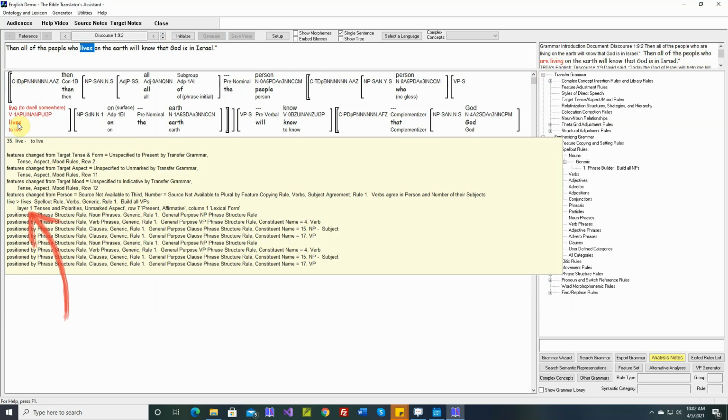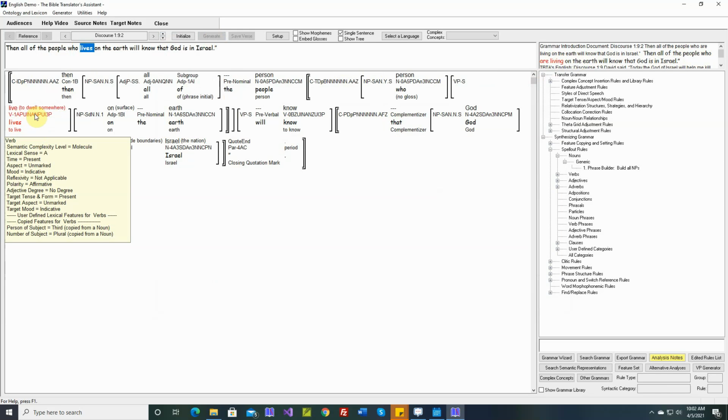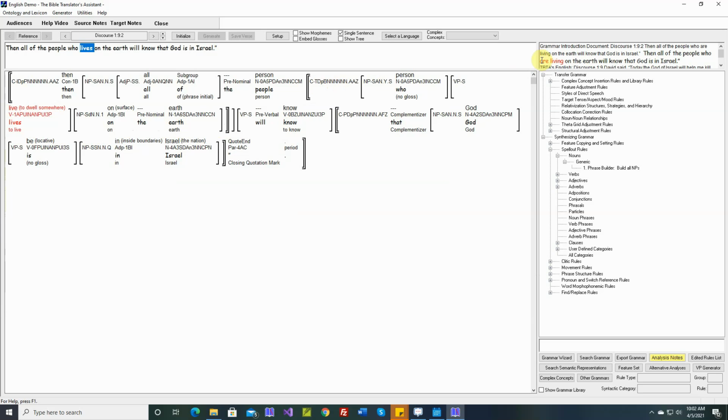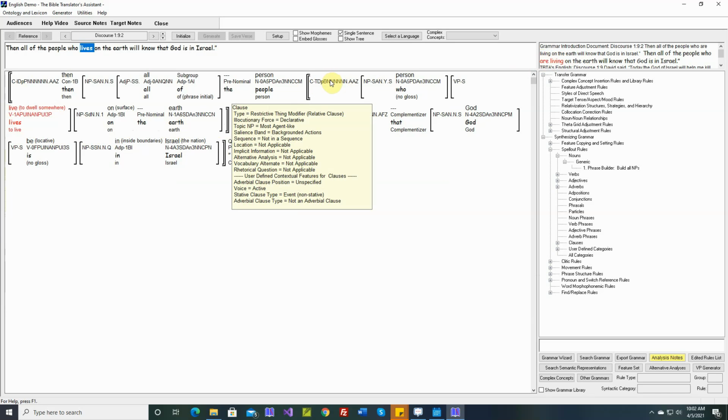Who lives. If we look here, target tense and form is present. And what's going on here is a backgrounded action, as we see here. Salience band equals backgrounded action. And that's why the empty T put are living.